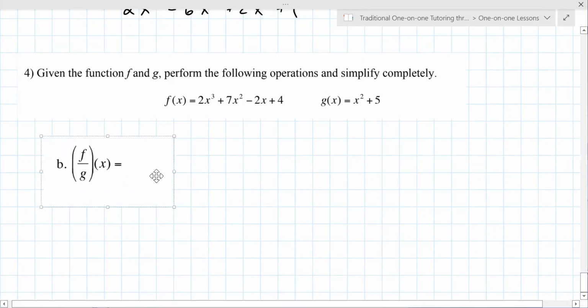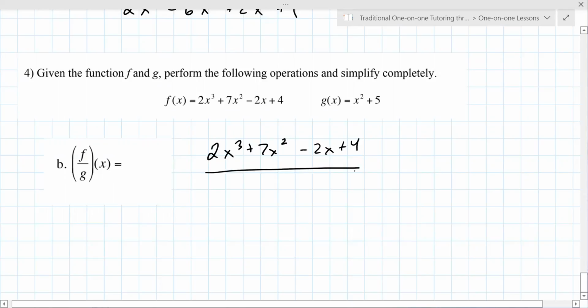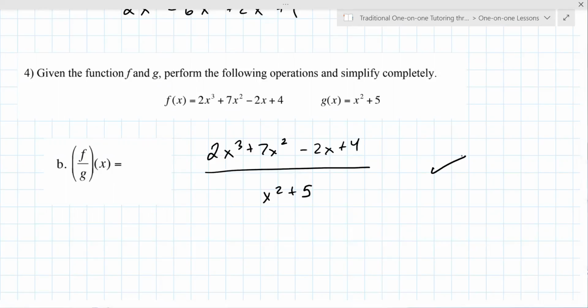So the divisions are actually a lot nicer, because you generally just have to write whatever f is, the top one, over the bottom one here, and you're done. So generally dividing, you just write them. Sometimes they ask you questions about the domain, but it does not appear to be the case in this one.